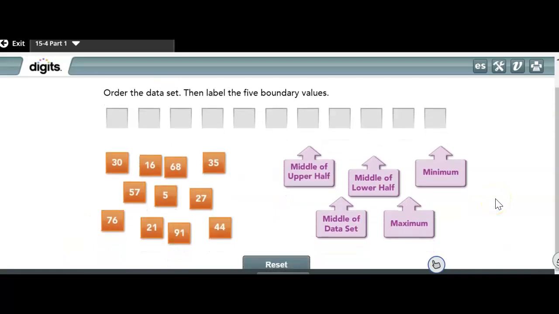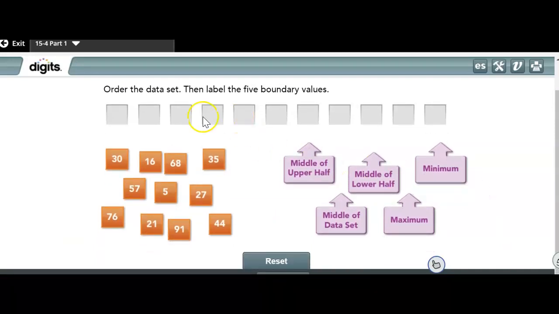For this one, which is on your guided notes, I want you to order the data set. Here's your data. Order them from least to greatest, then label the 5 boundary values. Let's put these in order.